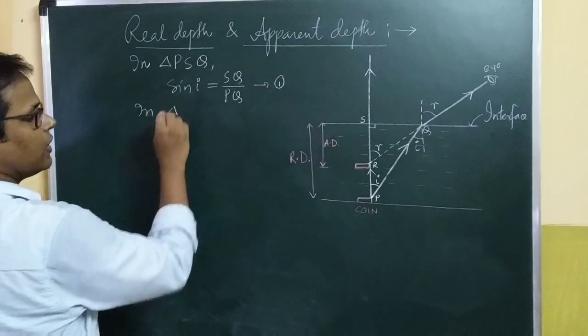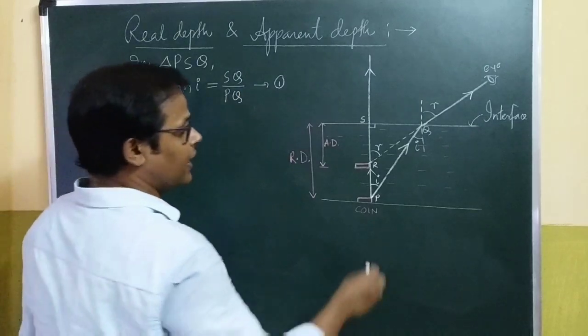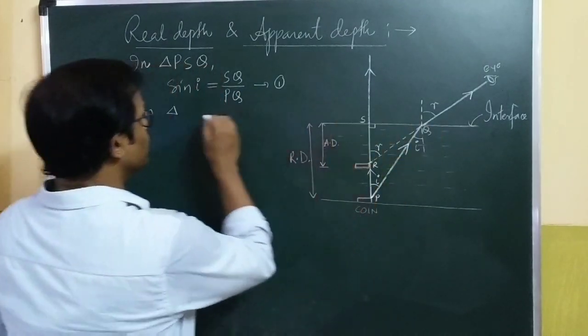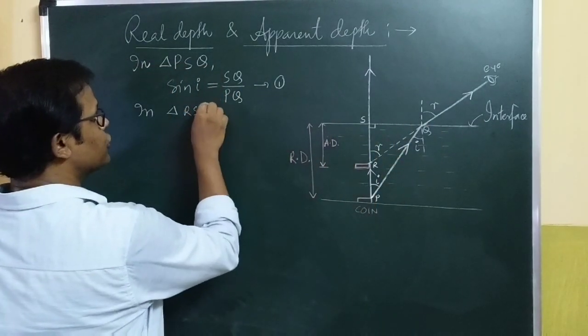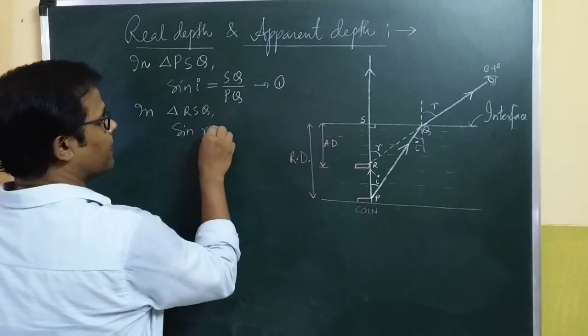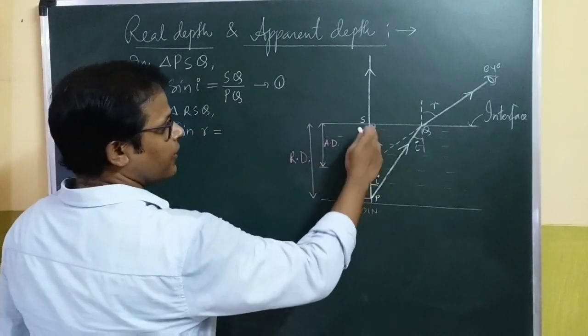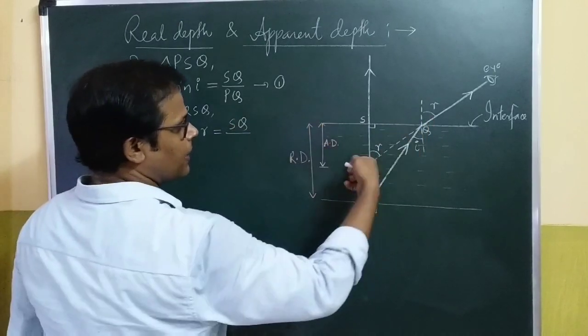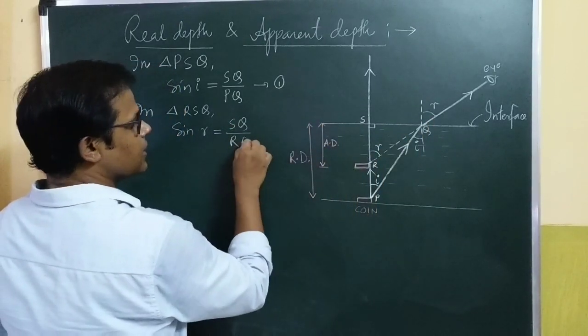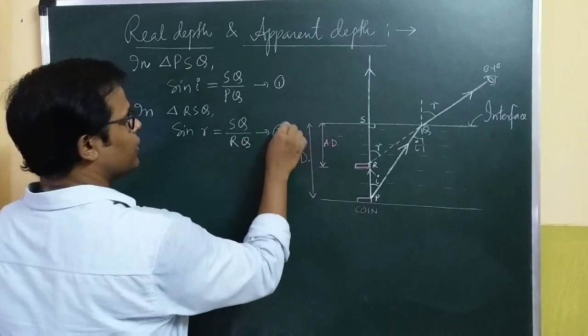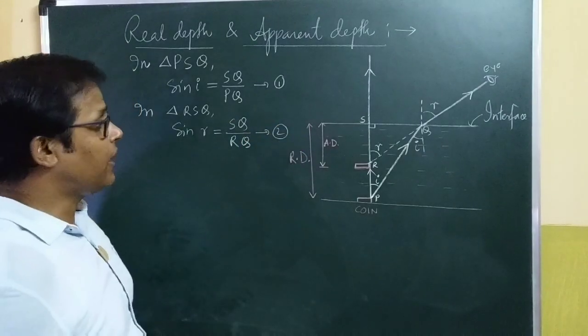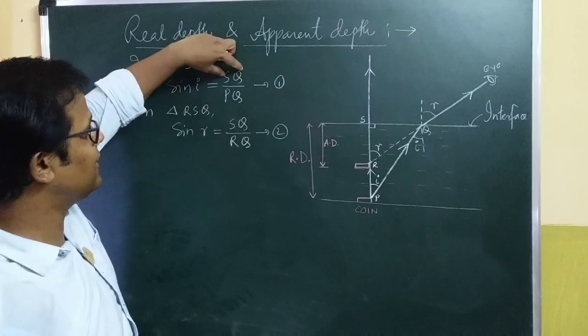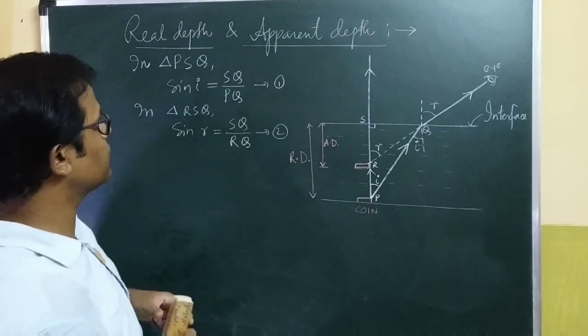In the other triangle, which is hidden over there, RSQ, the smaller one, if I take sine of r, then I find SQ, perpendicular, by hypotenuse RQ, equation 2. Look at these equations carefully. You will find that we have a common side over there, SQ.